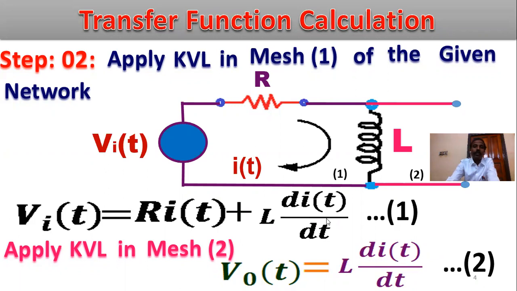So this is equation number 1 for the first loop, and this is equation number 2 for loop 2, or mesh 2: Vo(t) equals L into di(t)/dt.